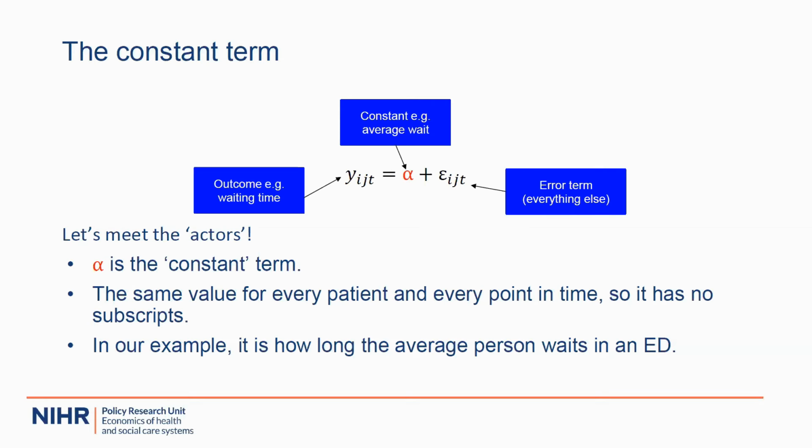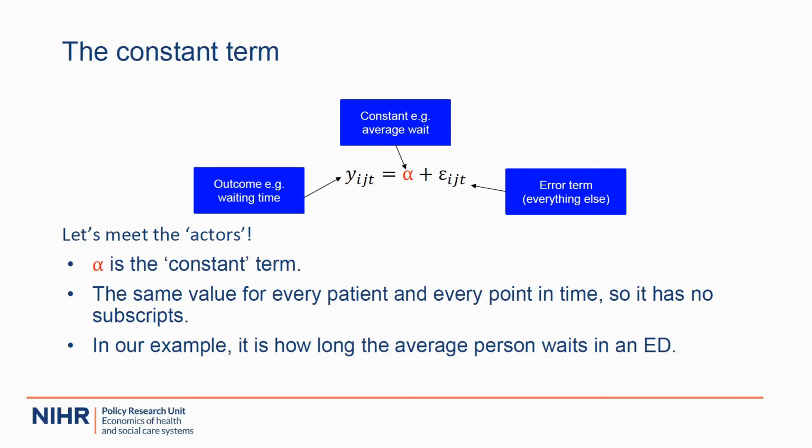And you can actually see that it's a constant term because it doesn't have any of those subscripts I mentioned on the previous slide, none of those little letters. So if you look again at the Y, which has I for patient and J for hospital and T for time next to it, because the outcome waiting time can vary, alpha is constant. It doesn't vary at all.